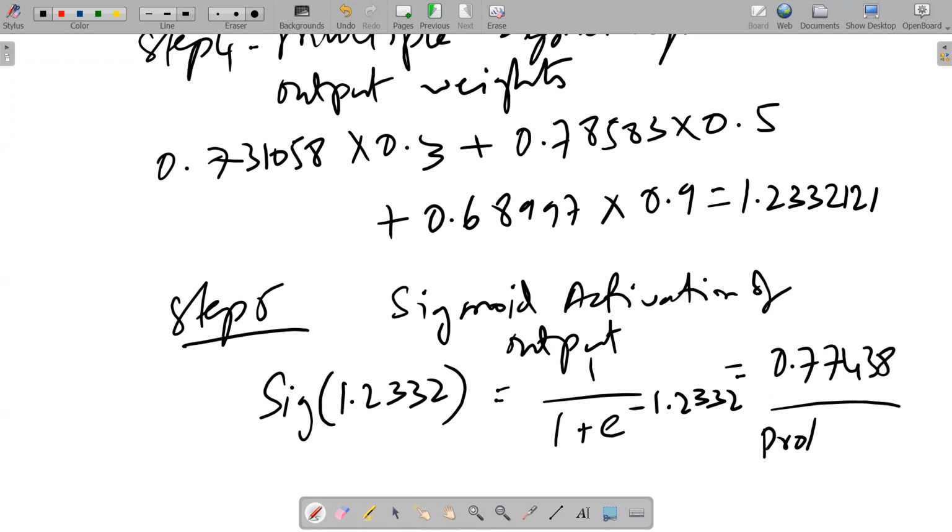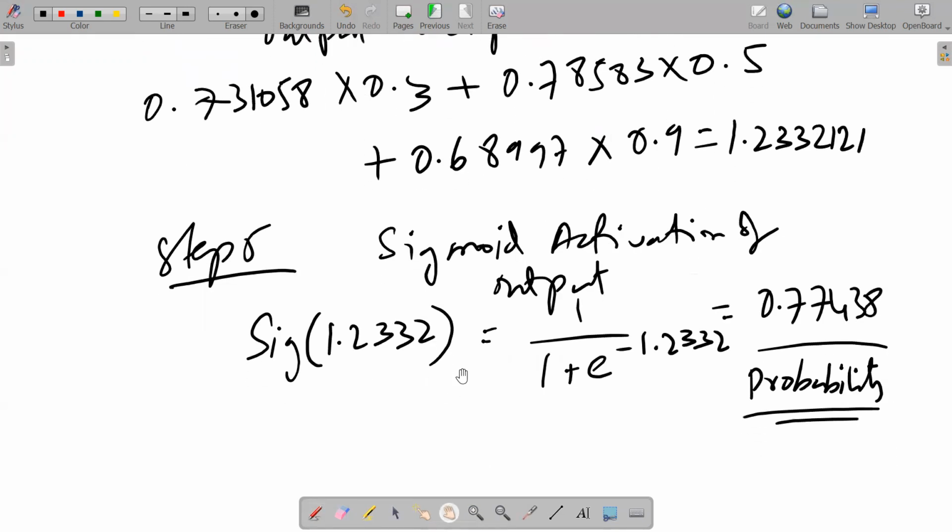This is called probability. So the sigmoid calculations will generate probability. Remember, what is the output of logistic regression? Probability. P is equal to e to the power of z divided by 1 plus e to the power of z. To simplify, 1 by 1 plus e to the power of minus z.